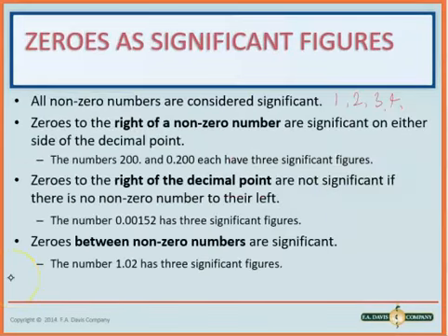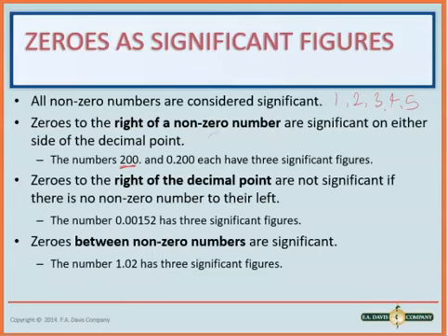Okay, so let's look at the rules of significant figures. All non-zero numbers are considered significant. So your 1, 2, 3, 4, 5, and so on would be considered significant, no matter where they are in your number. Zeros to the right of a non-zero number are significant on either side of the decimal point. An example would be 200.